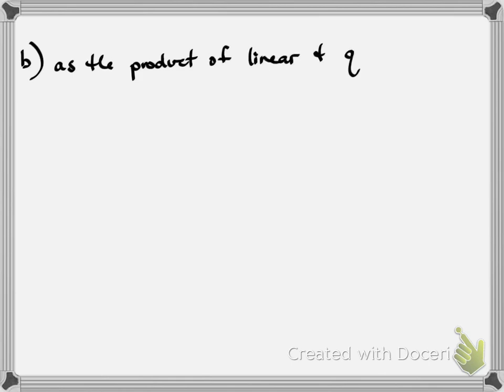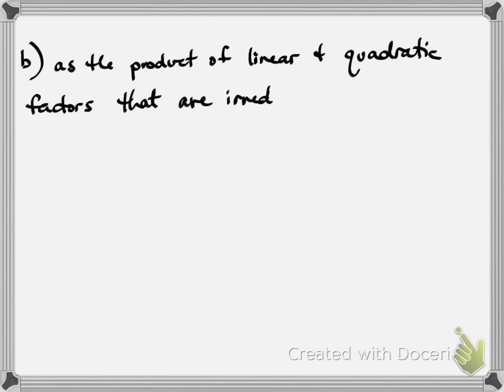All right, B part. Write it as the product of linear and quadratic factors that are irreducible over the reals.